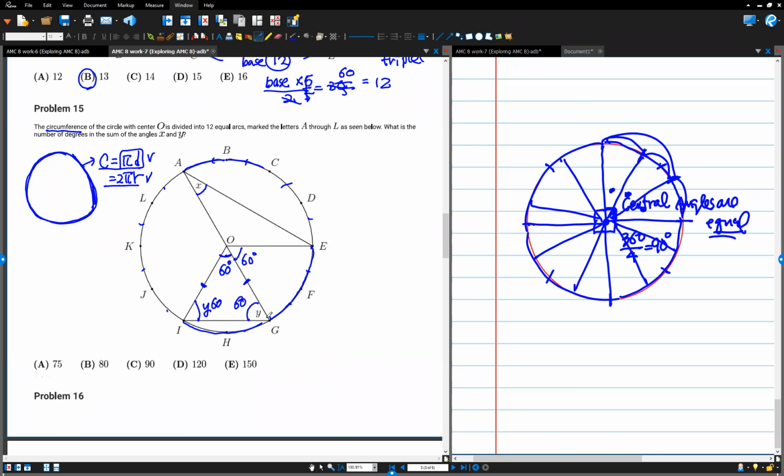So why is it 60? What about over here? This is 60. I'm not going to use the exterior angles here, okay? I'm going to use supplementary angles. A straight line is 180 degrees. One of the angles is 60, the other angle is 120 degrees, right? Also, these two sides are radii.